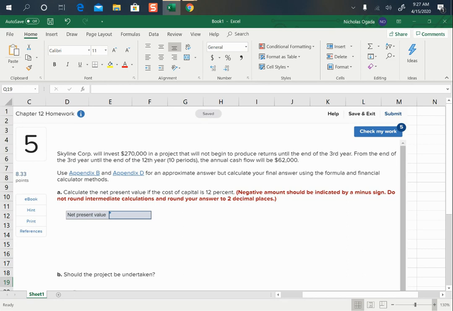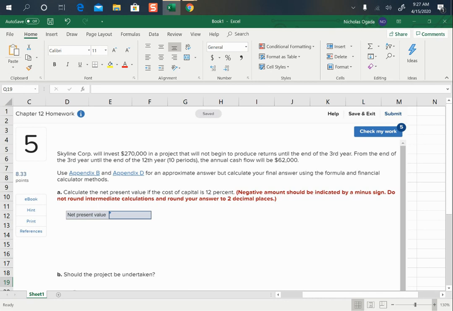And then you've been given appendix B and D, where you can use it to approximate your answer. But of course, you've been encouraged to use a financial calculator or any other methods to determine an exact value of the problem. We've been told the cost of capital is 12%.